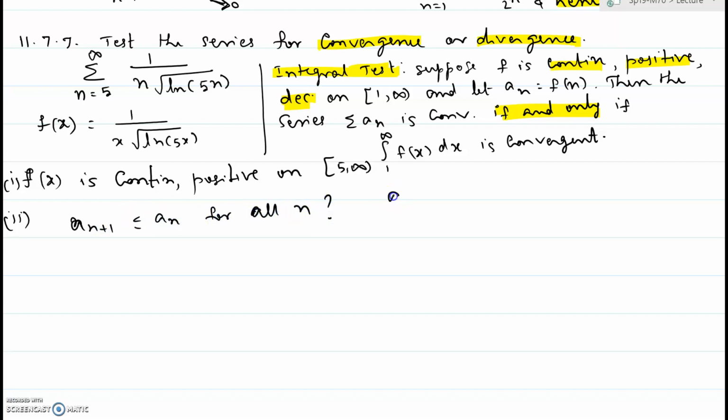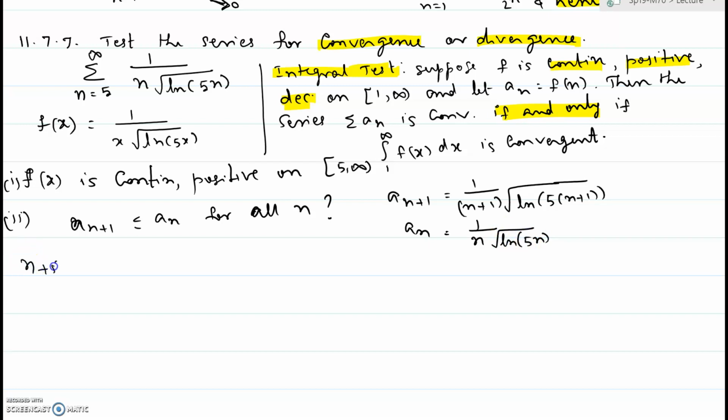Is it true? So what is a_(n+1)? It is 1 over n plus 1 times square root of ln of 5 times n plus 1. Then a_n is 1 over n square root of ln of 5 times n.